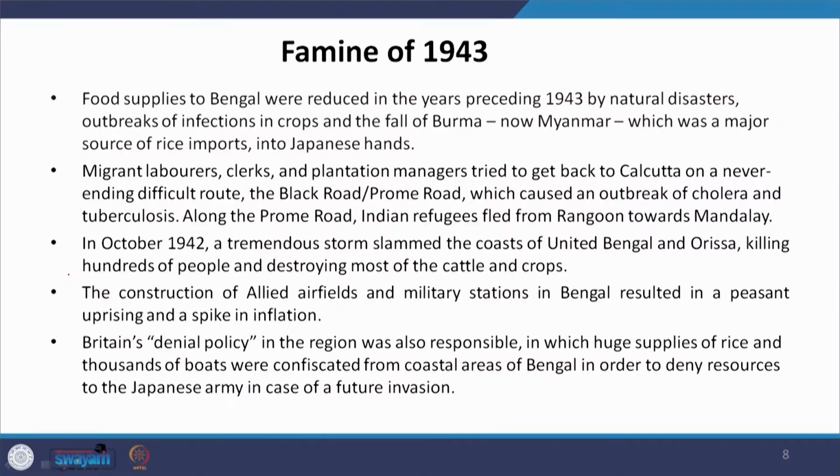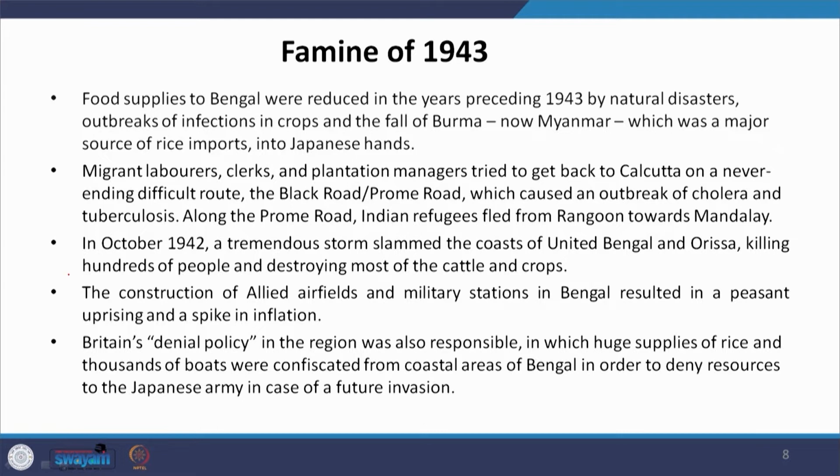Now, talking about the Quit India movement, several things are happening at the same time which vitiate the Britishers' position in India, and it actually leaves no other option than to quit India by the 1940s.